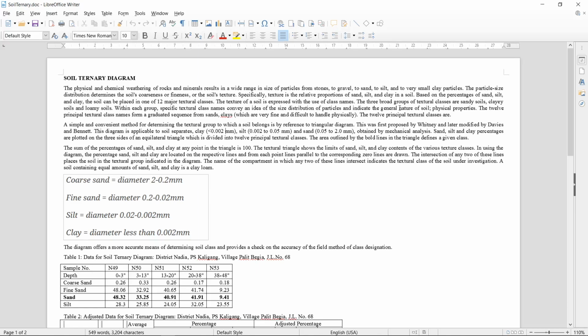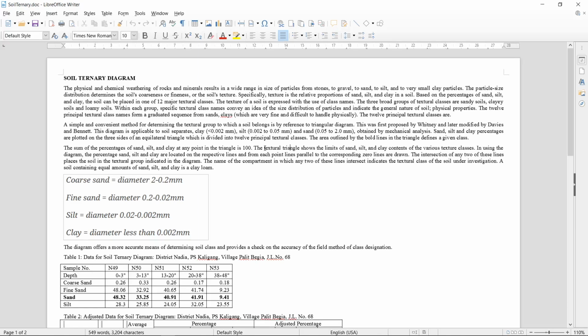So there are a number of combinations, and there are 12 main or principal soil textural classes. These are represented through a diagram known as a textural diagram or ternary diagram, or textural ternary diagram.